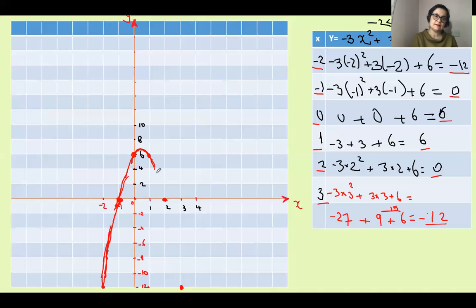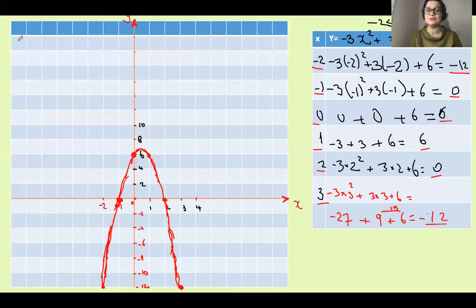And then join the next one with the next point, and then the next point with the last point that we've plotted. And there you go. We are going to have a parabola or a curve. So this is the curve, and it's a frowny face.